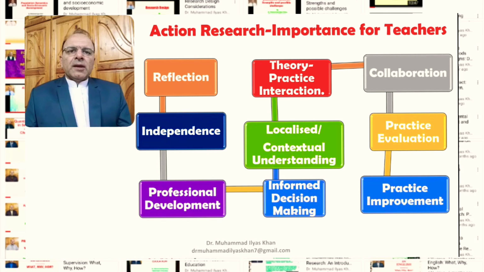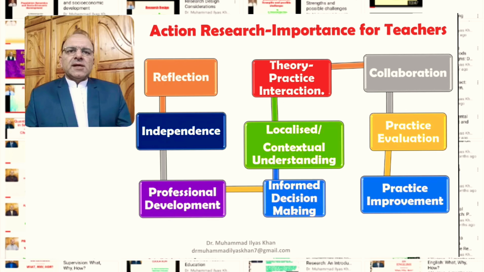And so action research actually helps teachers in continuously evaluating their practices, that ultimately then leads to the process of identifying gaps or issues in their practices as classroom teachers. So what happens ultimately is that this process of evaluation leads to practice improvement.